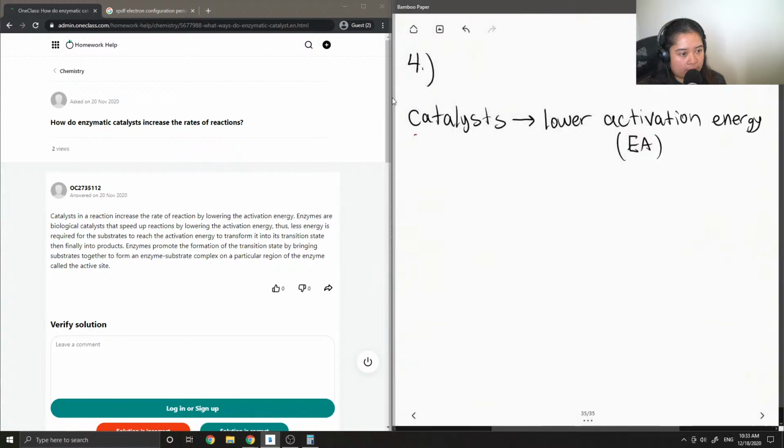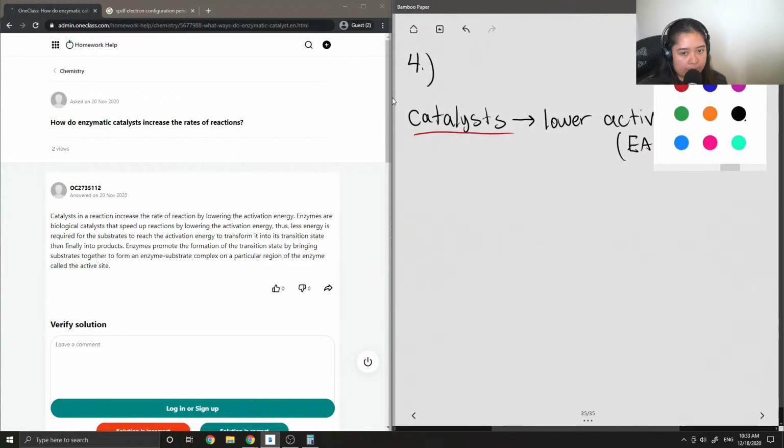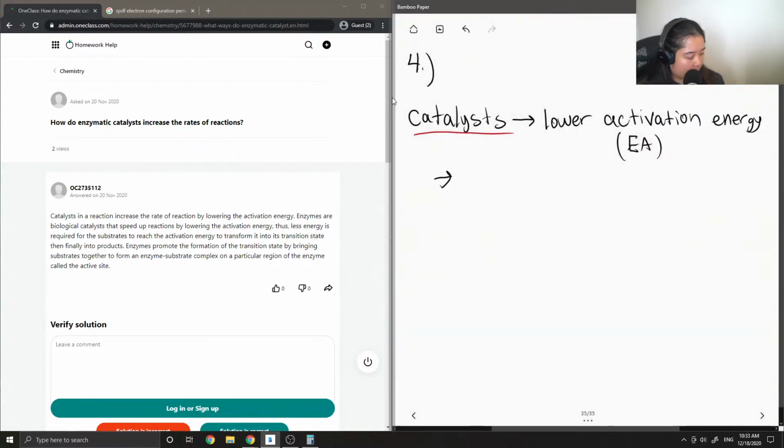And catalysts also promote the formation of a transition state.